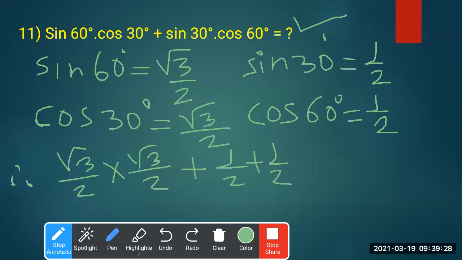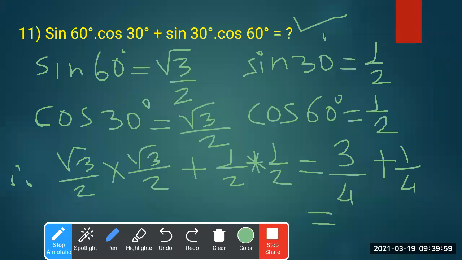Now root 3 upon 2 into root 3 upon 2 gives root 3 into root 3 which is 3, and 2 twos are 4, plus 1 into 1 is 1, upon 2 twos are 4.